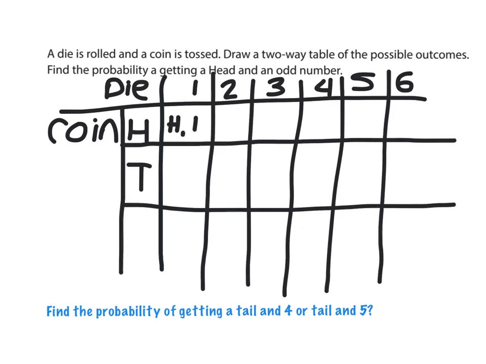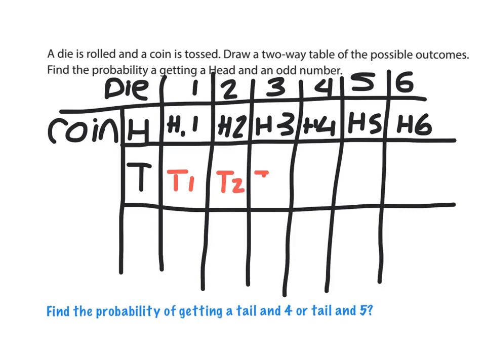Next box, I have a H in this line, 2 in the column, so I get H2, H3, H4, H5, H6. Now down here, my line is tail, my column is 1. So I have tail 1, tail 2, tail 3, tail 4, tail 5, and tail 6.